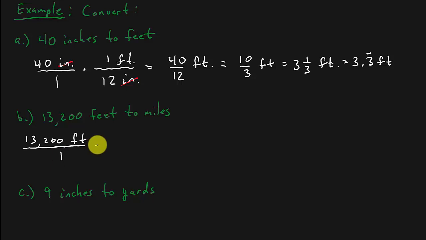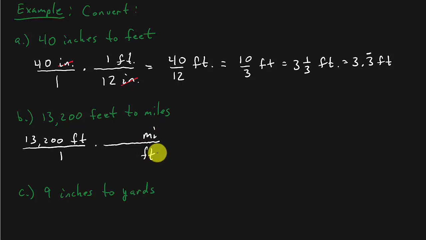What am I going to multiply by? Remember, I've got to cancel feet out, and I want to keep miles. So miles is going to have to be in the numerator. Feet is going to have to be in the denominator.